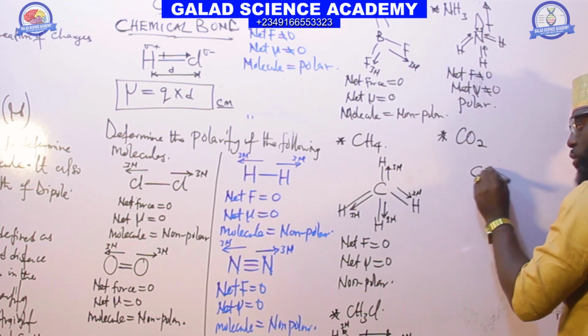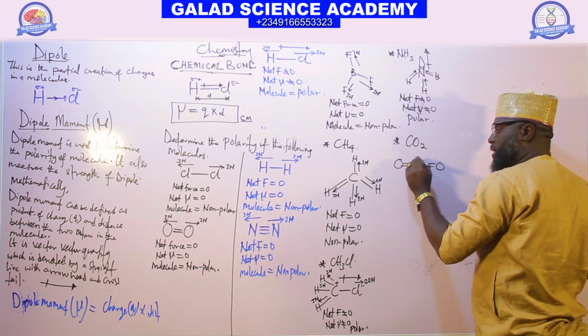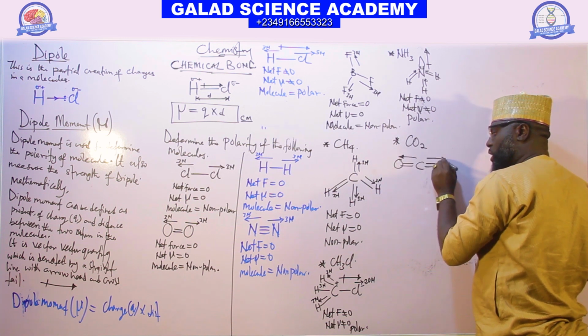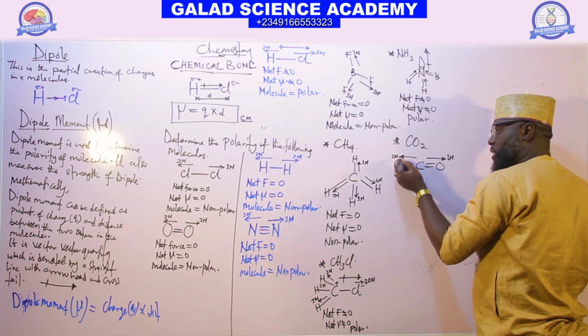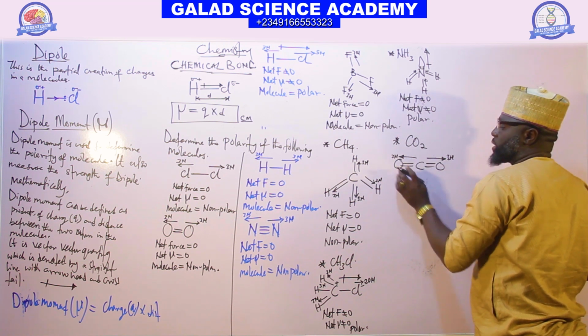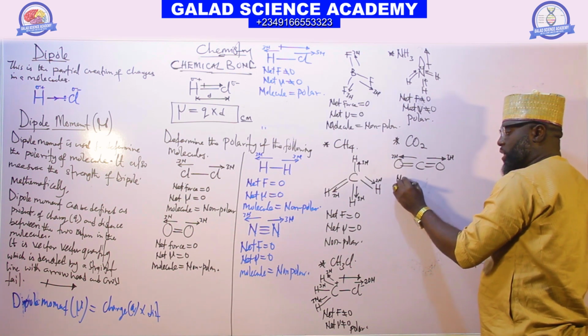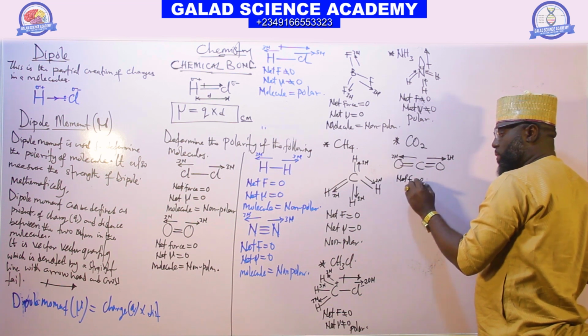So let us look at another one, CO2. CO2 we have in linear shape like this. So we can see that this is going like this, and this also going like this. They have the same magnitude, so there's no resultant. Therefore, the net force here is equal to 0.